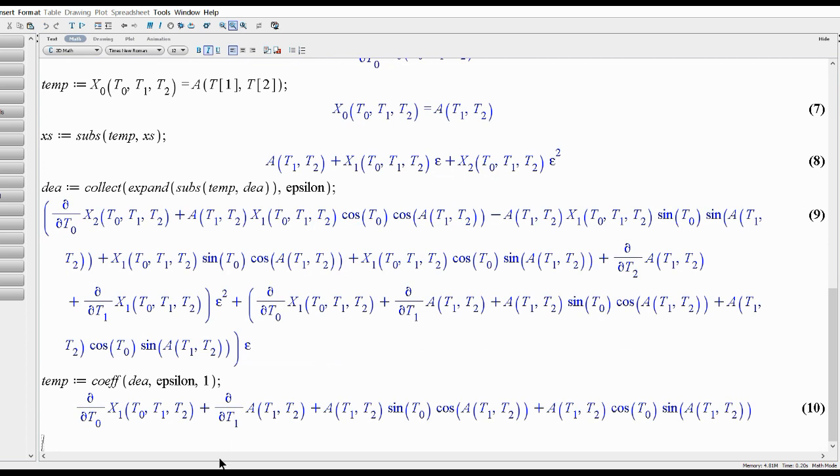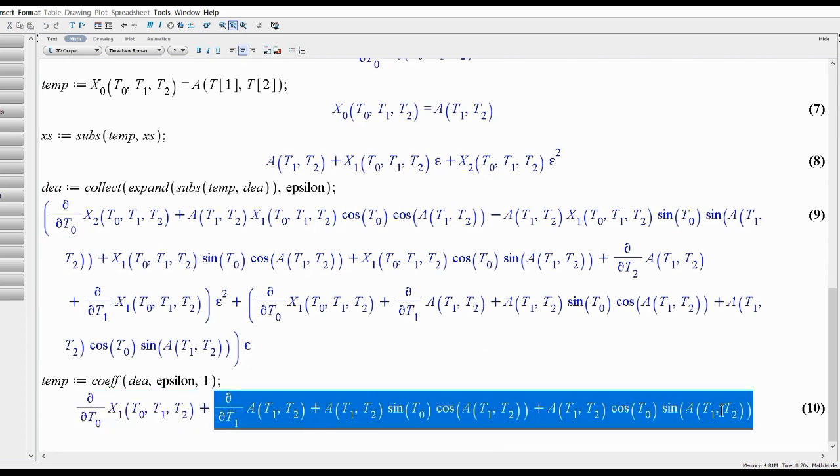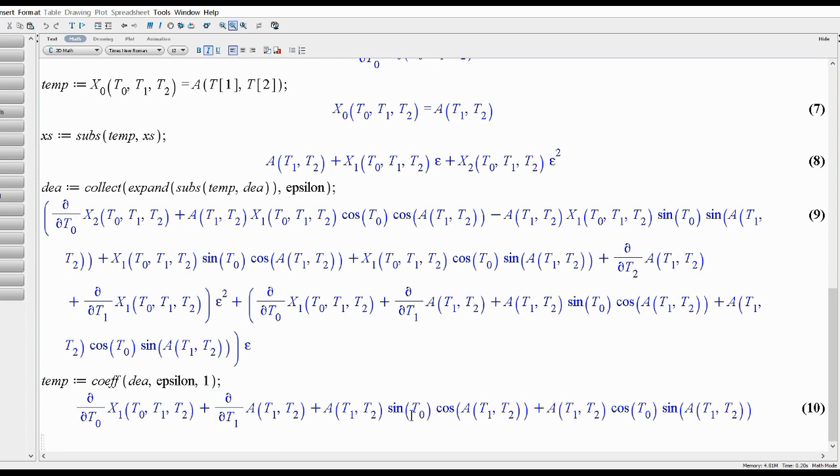Alright, now you see I just have a x1 and I have these things here, and what do I need? I have a sine and this cosine, and I have this cosine and this sine. How does it go? I need to find the average of this.